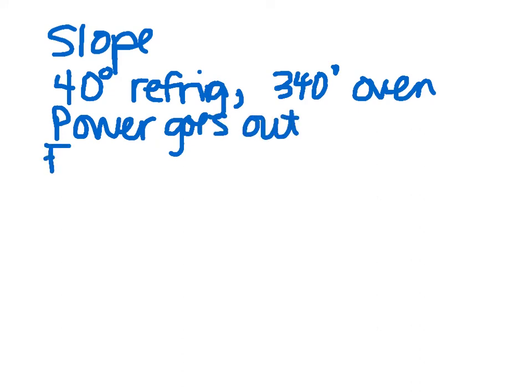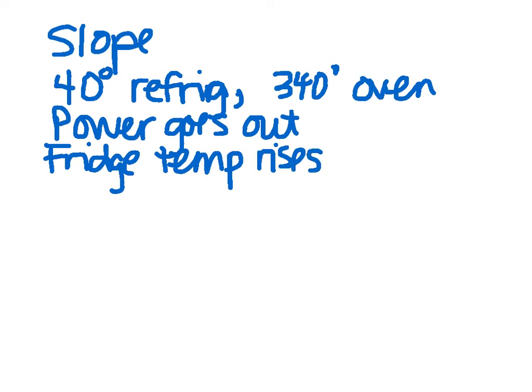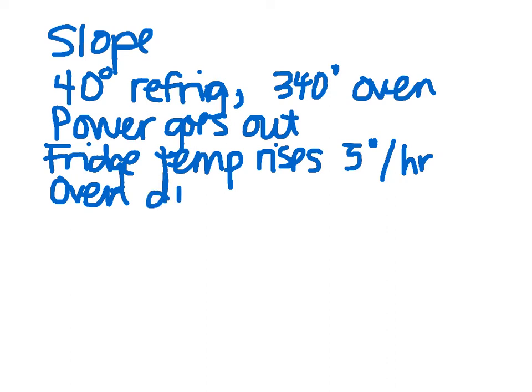The fridge temp rises 5 degrees per hour. The oven drops at 45 degrees per hour.